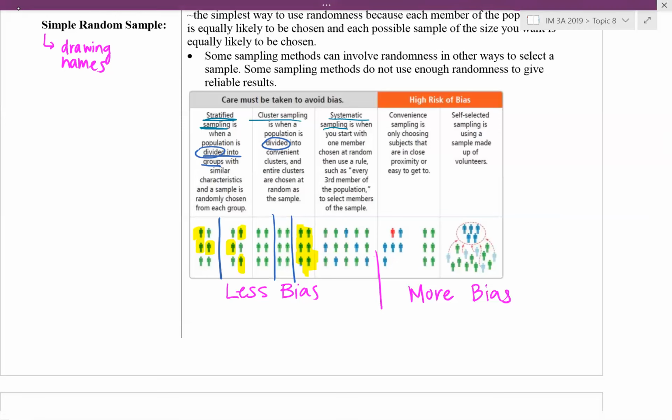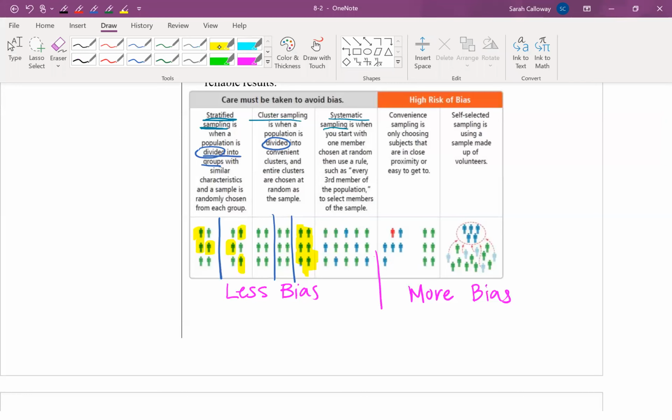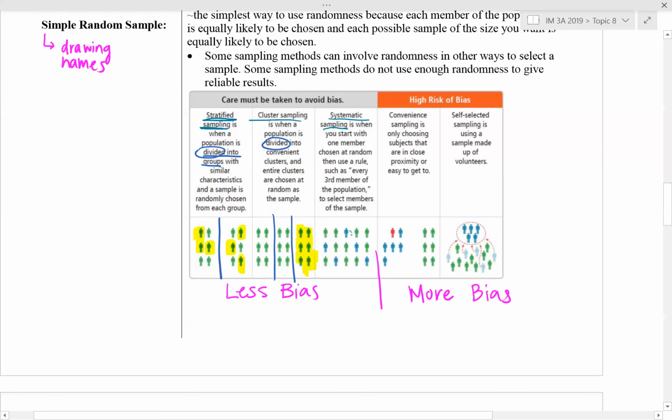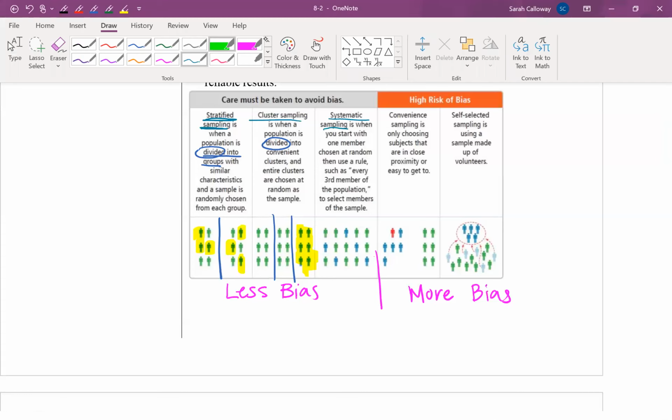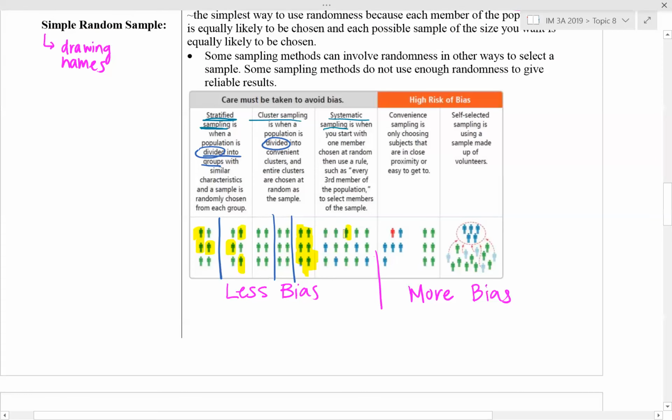So in this case, I'm choosing this member first, and then I'm counting 1, 2, 3, 1, 2, 3, 1, 2, 3, and I'm selecting people that way. So that's a systematic sampling.